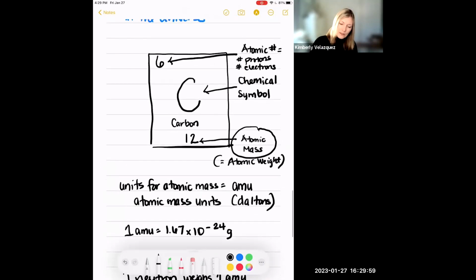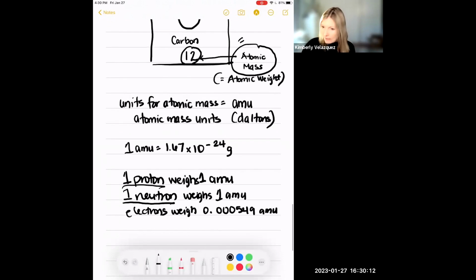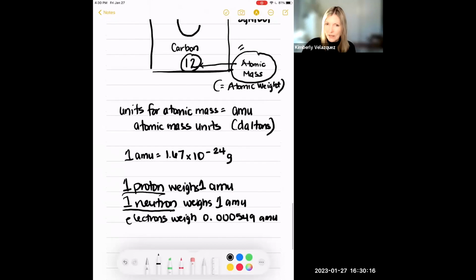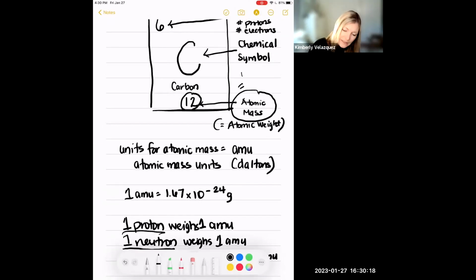So let's look at this. Carbon weighs 12, and that atomic mass equals the protons plus the neutrons. And since they each weigh 1, it actually equals the number of protons and the number of neutrons added together.